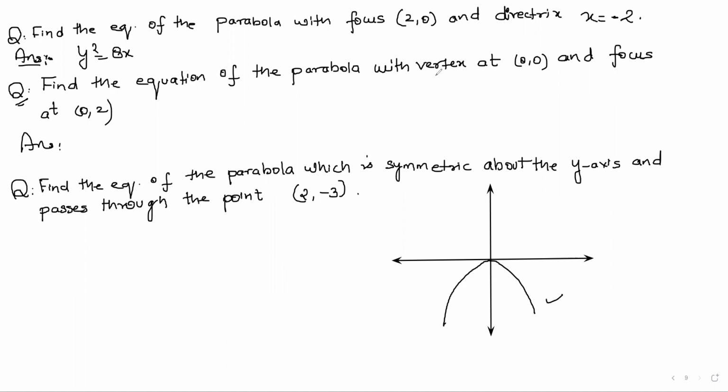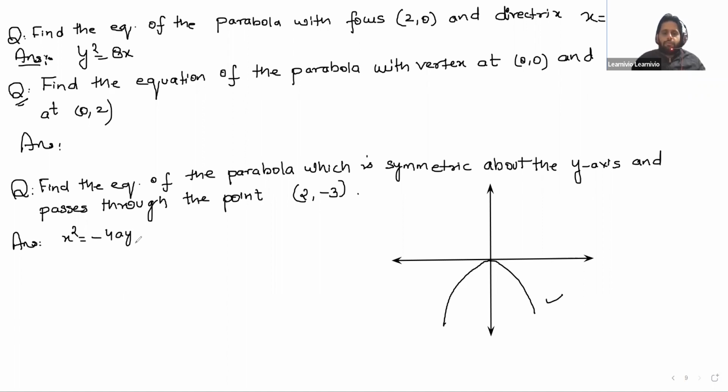Utvika, very good. Not 3y square, Utvika. 3x square is equal to minus 4y. Okay, so the standard equation is x square is equal to minus 4y. So just put the value into the answer.